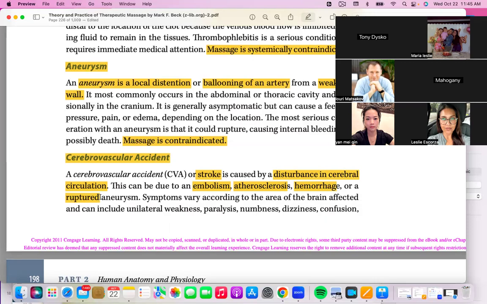And these symptoms can vary in the area and can include unilateral weakness, right? You know, if somebody has a stroke, they cannot move one part of their face. They feel paralyzed, they feel numb, dizzy, and confused. These are 4 important signs of the stroke.